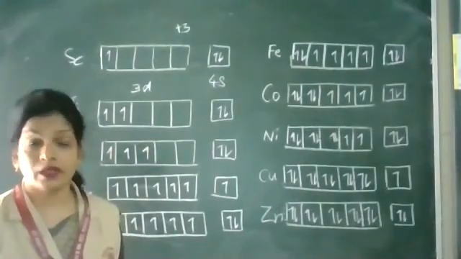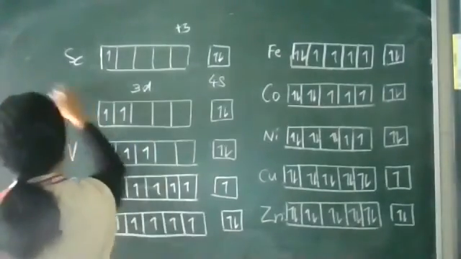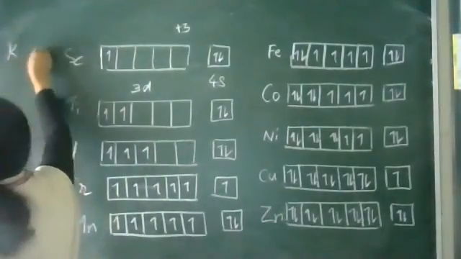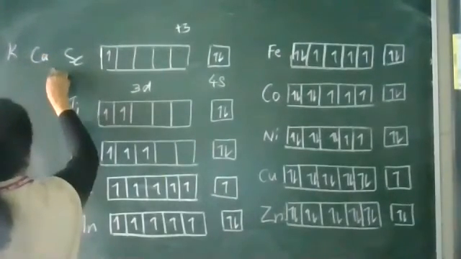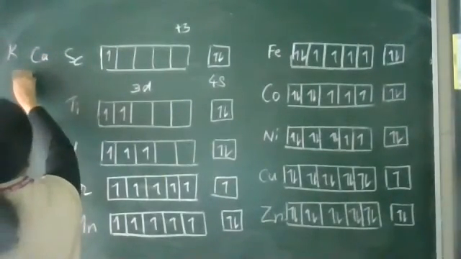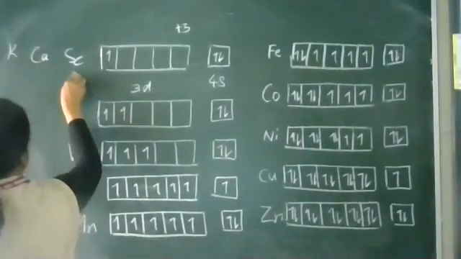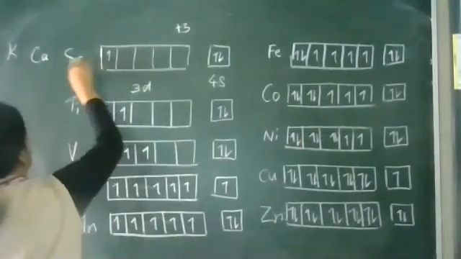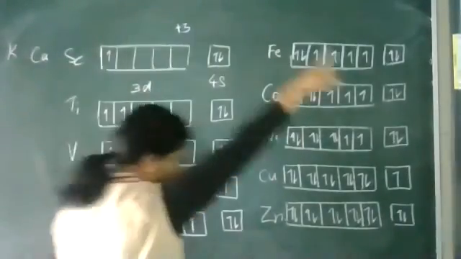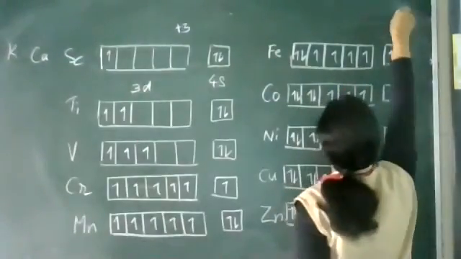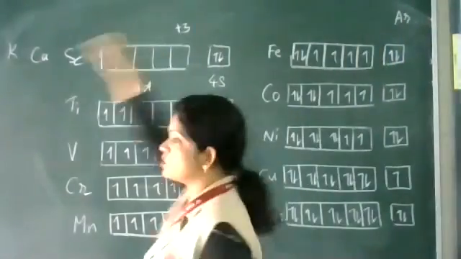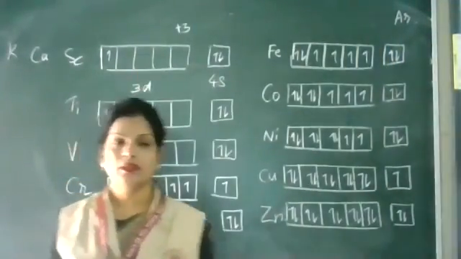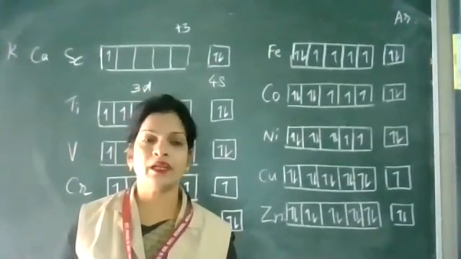Which one? Potassium, calcium: 4s1, 4s2, and 4s2 3d1. So here, 1, 2, 3. When it uses 1, 2, 3, it will get the nearest noble gas configuration, argon. There is no unpaired electron.